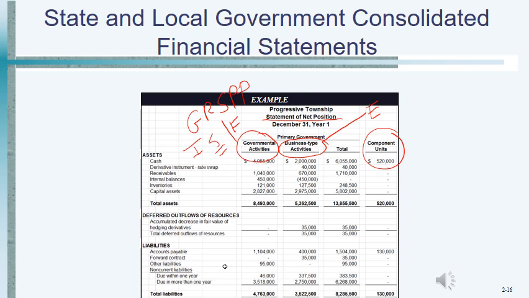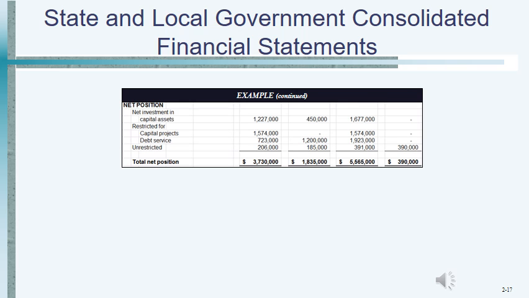Full accrual accounting, so we're going to have capital assets, we're going to have non-current liabilities. Okay, and then of course the difference between our assets and our liabilities, just going over to the next slide here, is going to be our net position.